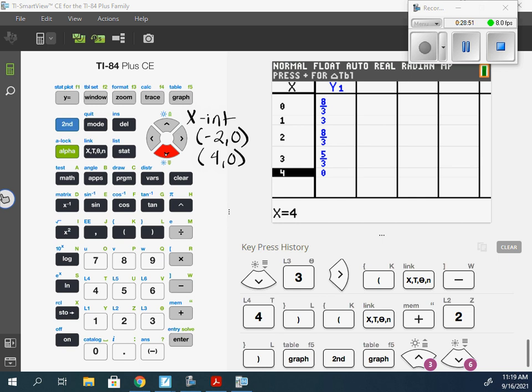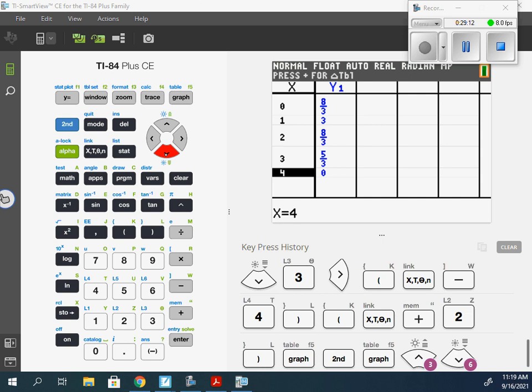So we got one of the 3 that we need. We got the x-intercepts, and we know that they're going to be the x-intercepts because the y value will be 0. The y value has to be 0. Now we just need to find the vertex and the axis of symmetry.